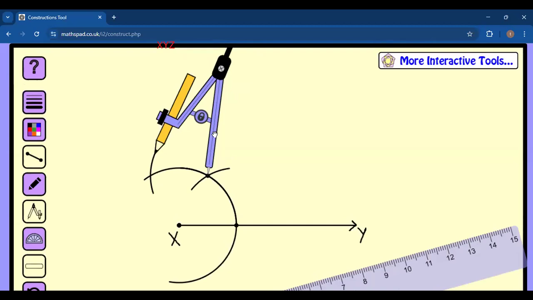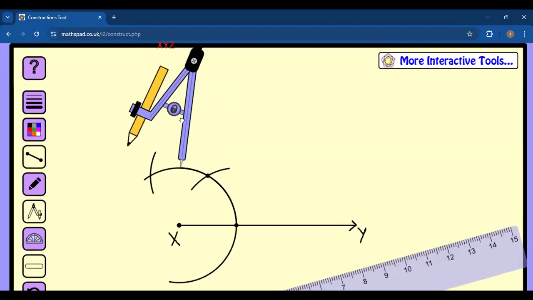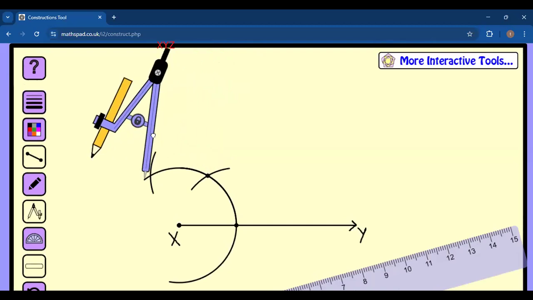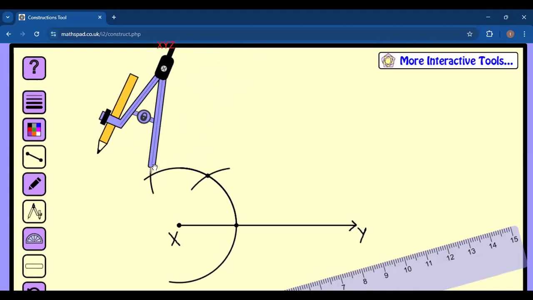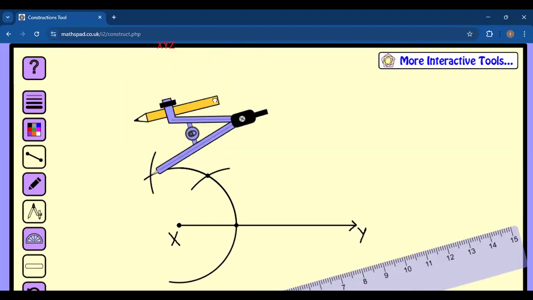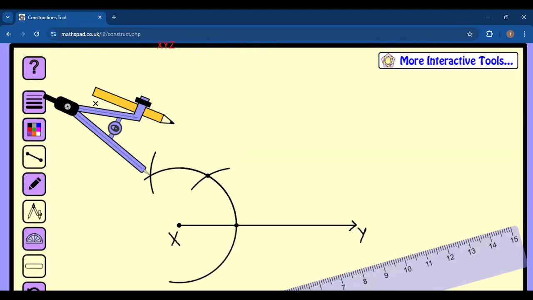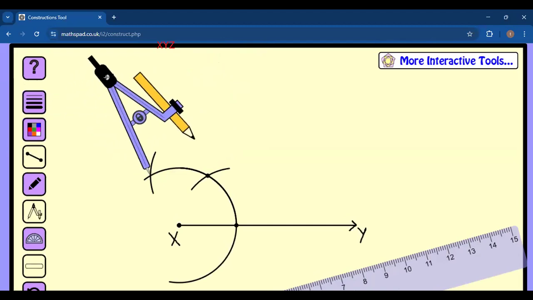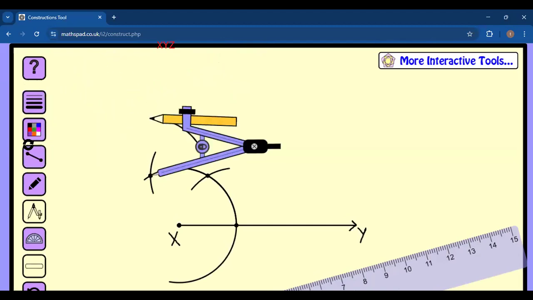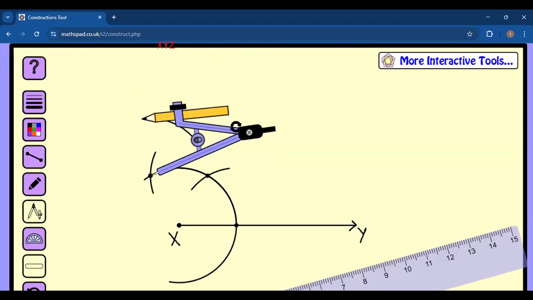Next, I'm going to go to this particular point right here. You see one? At this particular point, I'm going to draw an arc. It's going to go like this.